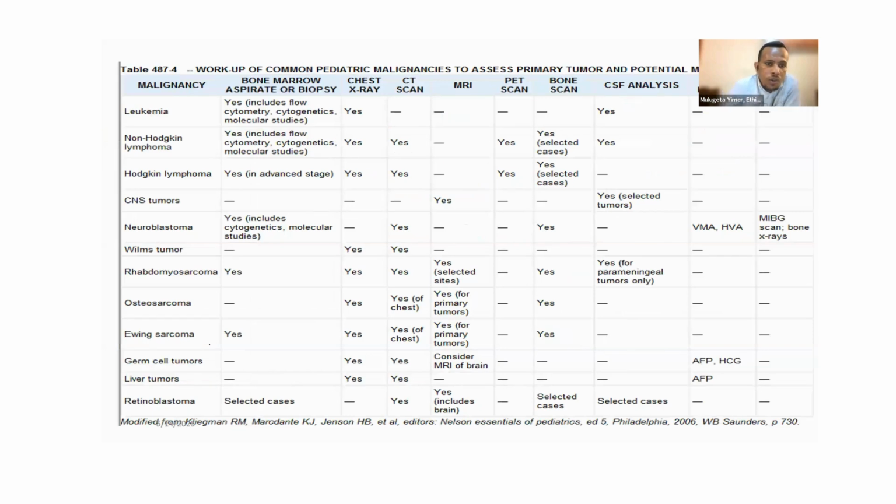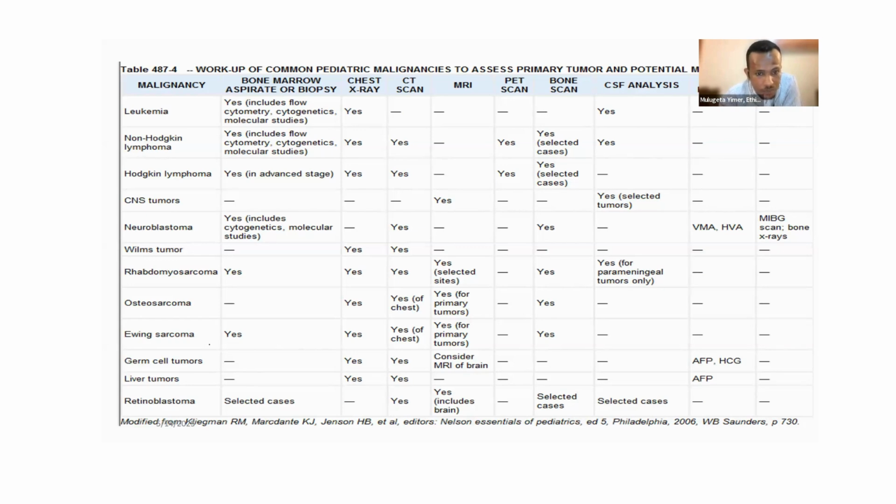So the workup again is summarized here. Once we have gone through the history and physical examination, you can dictate the investigation based on the clinical impression. If your clinical impression, for example, is Wilms tumor, there's no need to do bone marrow aspirate unless it is highly indicated.